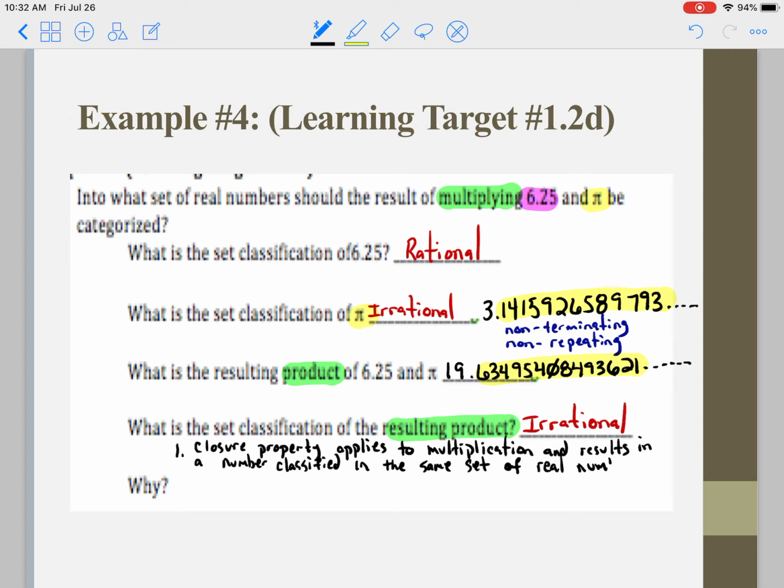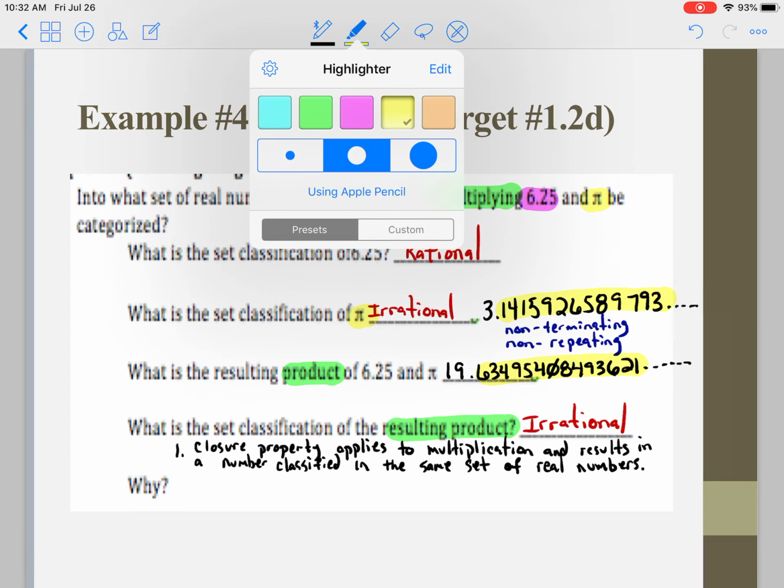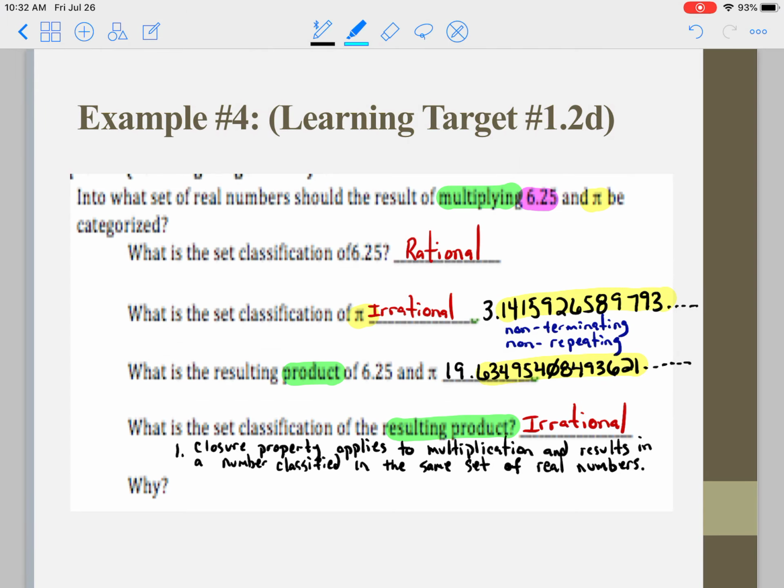And immediately you may think, wait a minute, rational and irrational numbers are not in the same set of real numbers. And that is true. They are classified differently. However, both rational and irrational numbers are classified as real numbers. They are both in the set of real numbers.